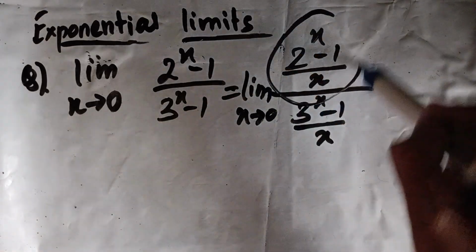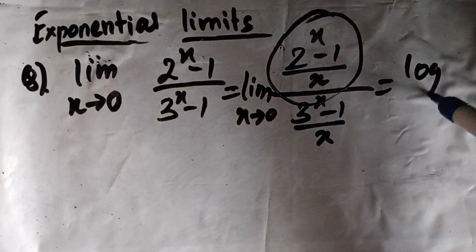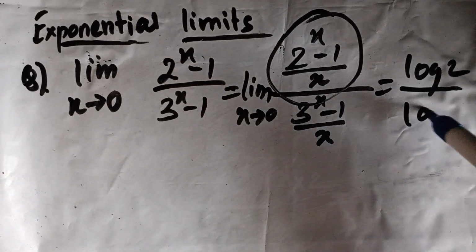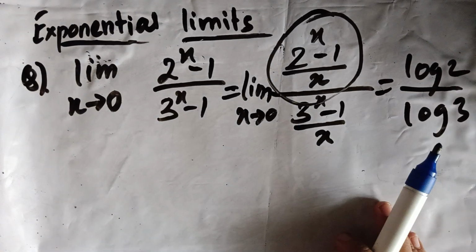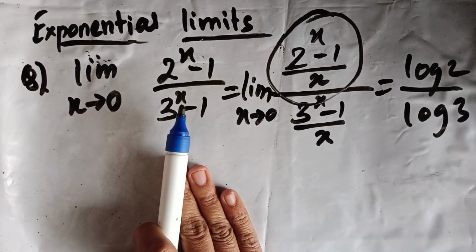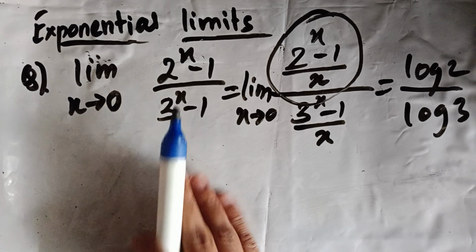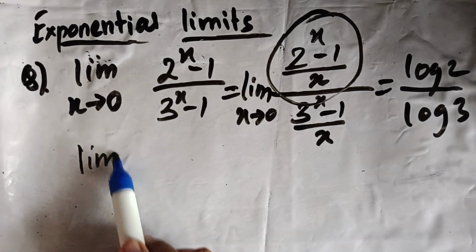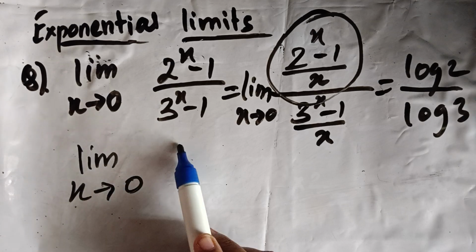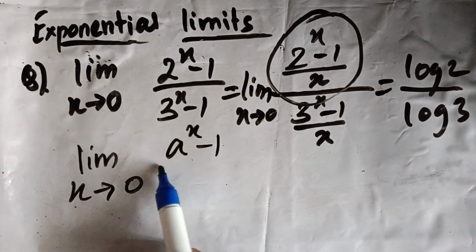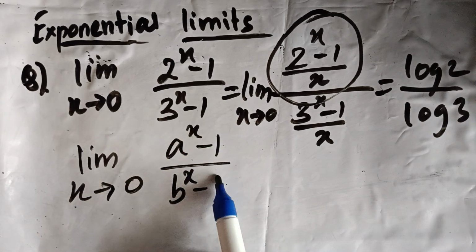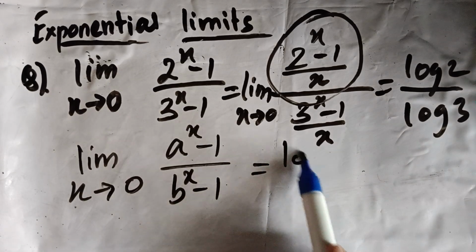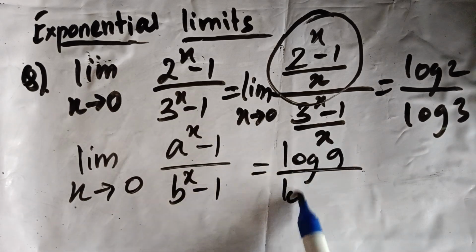So this becomes log 2 and this is log 3. So you can write this as limit as x tends to 0, (a raised to x minus 1) upon (b raised to x minus 1), which gives log a upon log b.